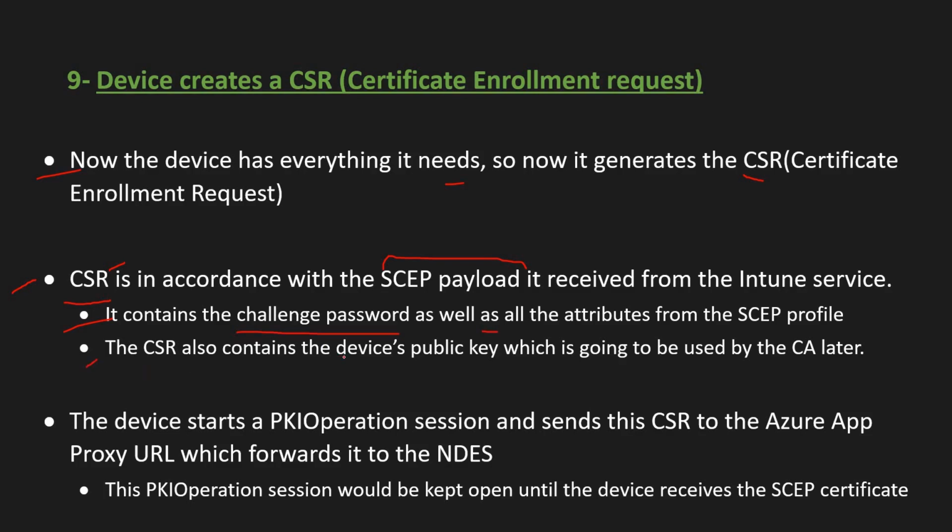The CSR also contains the device's public key, which is going to be used by the CA later on. The device now starts a PKI operation session, and in this session the device is going to send the CSR to the NDES server via the Azure App Proxy, and the PKI operation session is kept open until the complete transaction has occurred between the device and the NDES server.